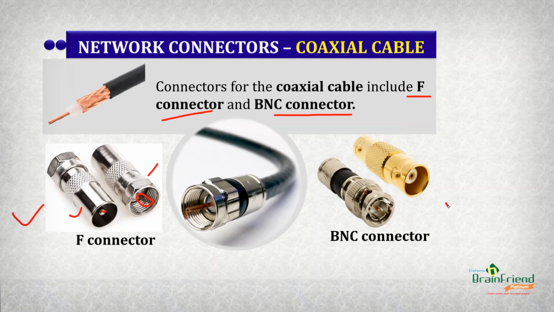And over here is a typical example of a BNC connector. This is the male BNC connector. Here's the pin, and this is the female BNC connector. Here's the hole that accepts the pin of the male. So this is what you usually get when the cable is attached to its connector.